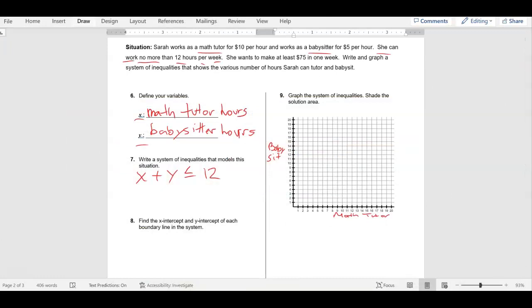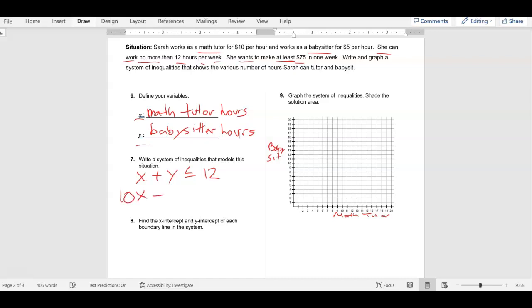Now, second inequality, not an equation. It says she wants to make money, $75 at least. So what do I put in front of X? How much is she making for tutoring? Hold on. First sentence, how much is she making per tutoring hour? The very first sentence, when it says math tutor for $10 per hour. Thank you. So 10X.